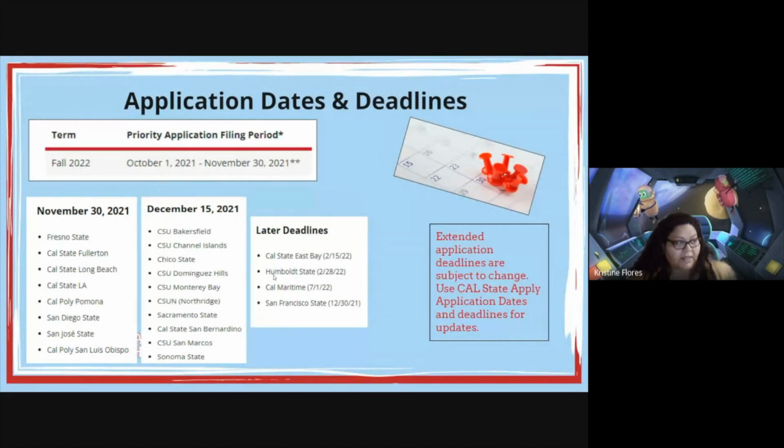And then these 4, East Bay, Humboldt State, Cal Maritime, and San Francisco State, have extended their deadlines to later dates. We also wanted to put this little blurb here for you: extended application deadlines are subject to change. This is what's in the CSU system right now, but they are subject to change. So make sure you use your Cal State application dates and deadlines and look at the updates on those different CSUs.